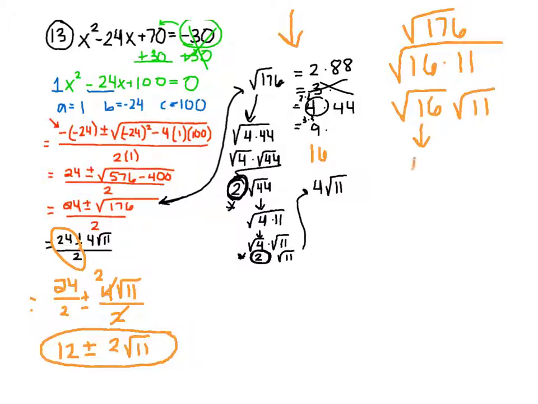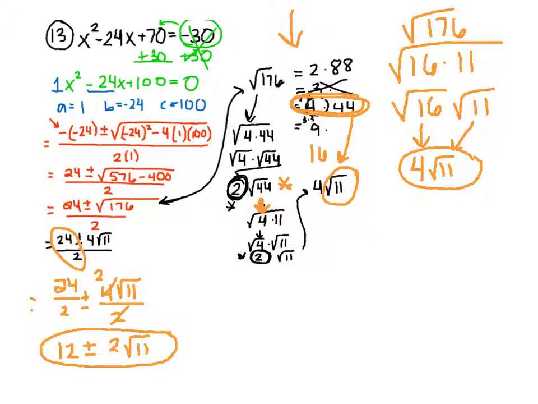And we know the square root of 16 is 4, and then this drops down. So we would get the same thing if we kept going, but even if you started with the lower one like we did, 4 times 44, you should get to the same thing as long as you keep simplifying. So when we got here, we could still simplify the square root of 44. So make sure you keep simplifying as much as you can until you can't simplify the square root of 11 anymore.